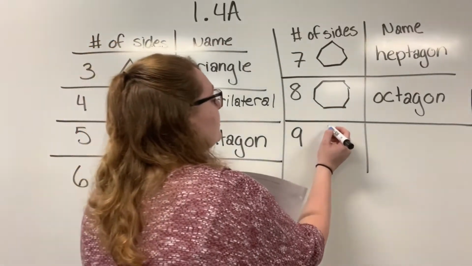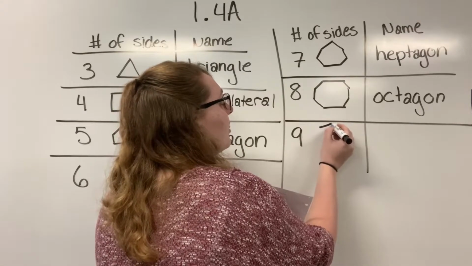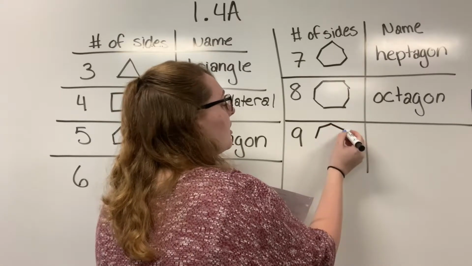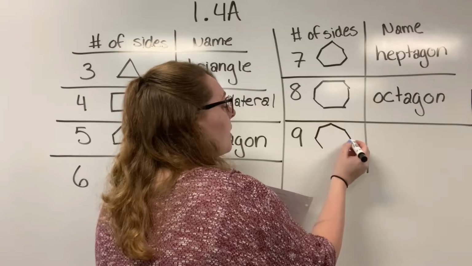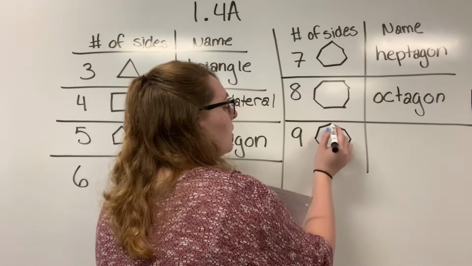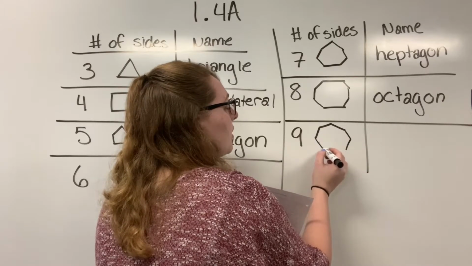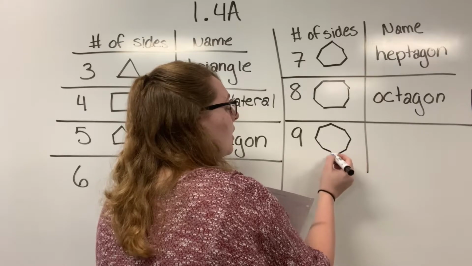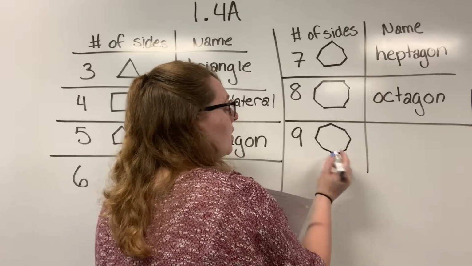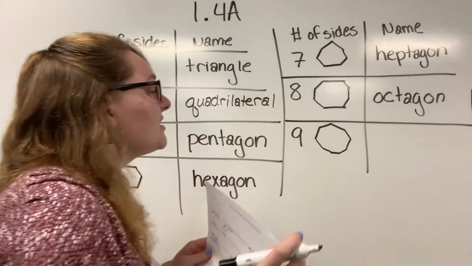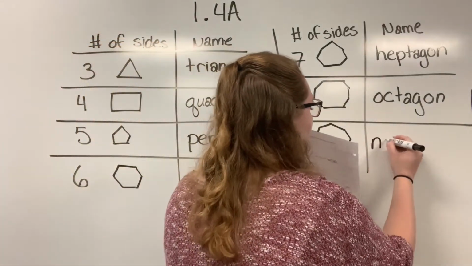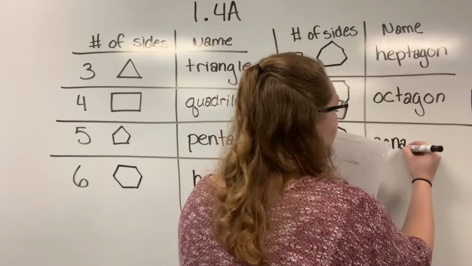If it has 9 sides and looks like this, then it is called a nonagon.